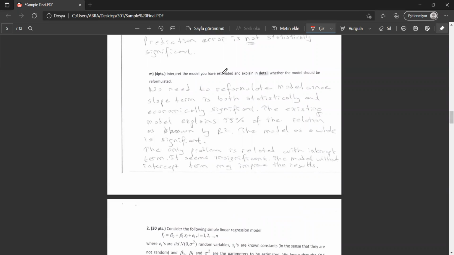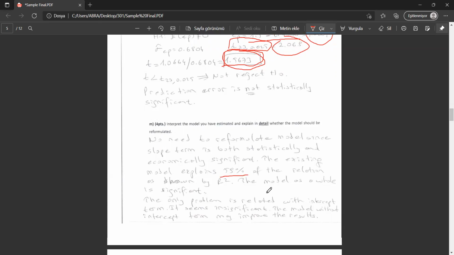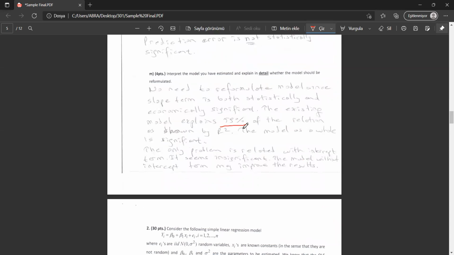Now, here we have an interpretation. We are just commenting about the model, okay? Now, in this question, we have found R square, right? R square is not small. It is not bad, 59%. Also, we have tested the significance of the model as a whole, and we said that the model is significant as a whole. Also, we have tested the significance of beta 1 hat, and we concluded that it is also significant.